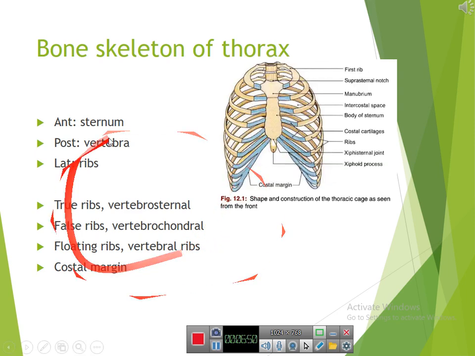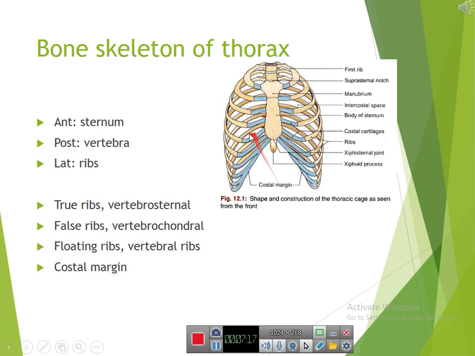As you can see here, true ribs and false ribs. True ribs are upper 7 ribs that are articulated with sternum directly, and the false ribs or vertebrochondral ribs are 8, 9, and 10 ribs that articulate indirectly to sternum.